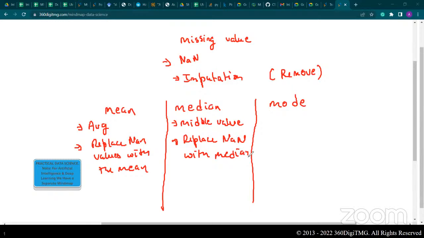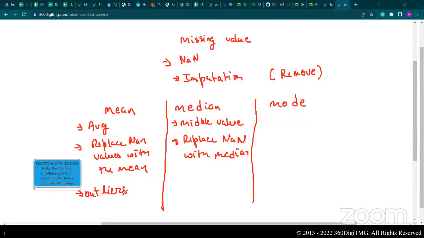Quite a simple concept to understand. You just find the mean and replace the NaN values with the mean, or find the median and replace the NaN values with the median. The problem with this is that it gets affected by outliers.